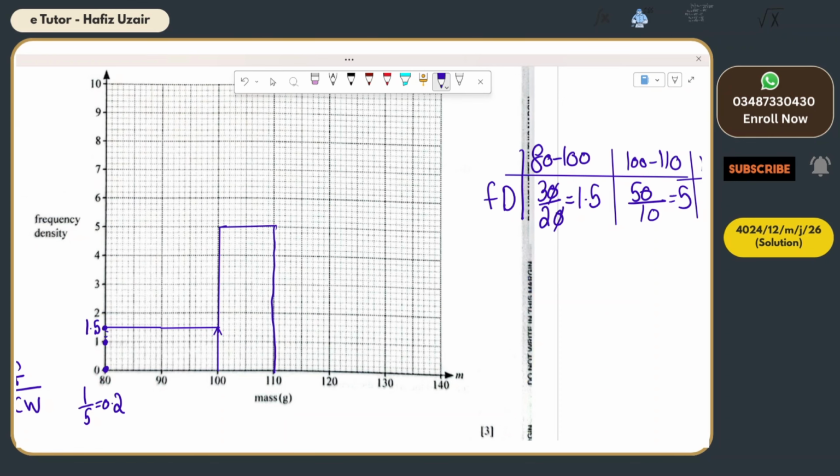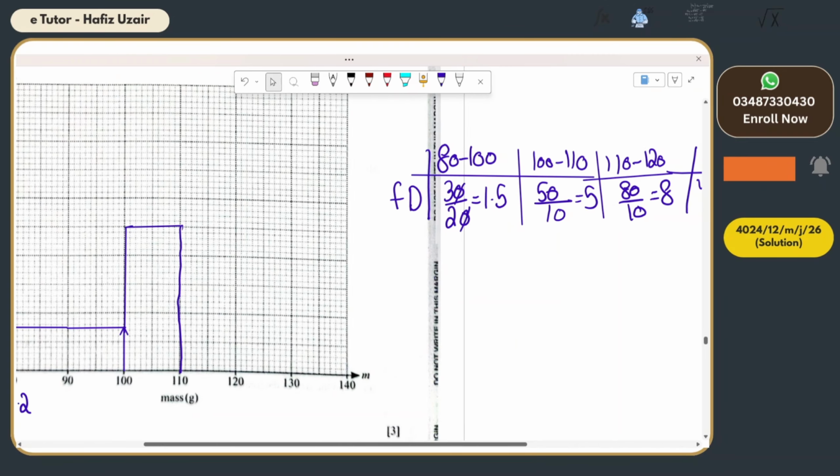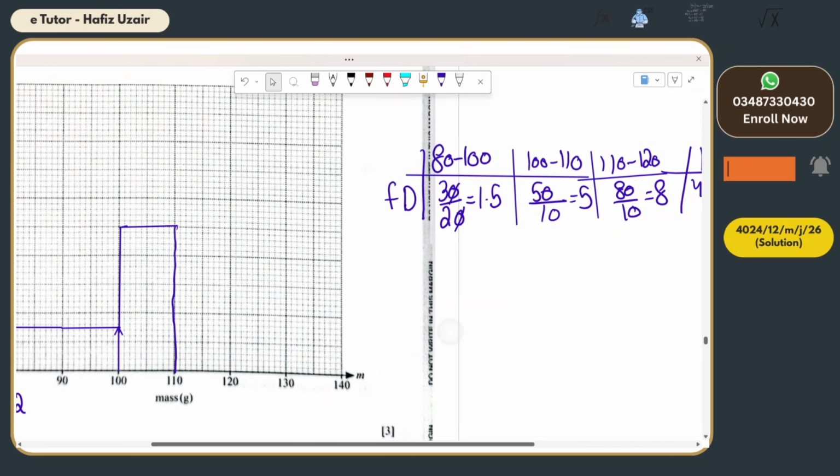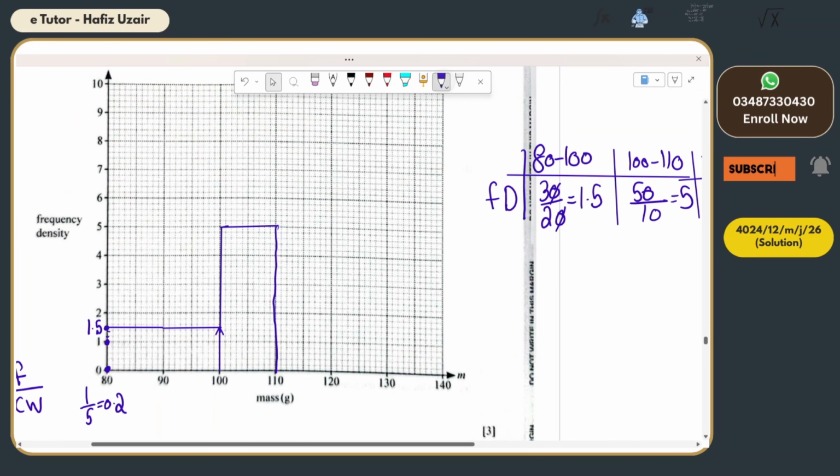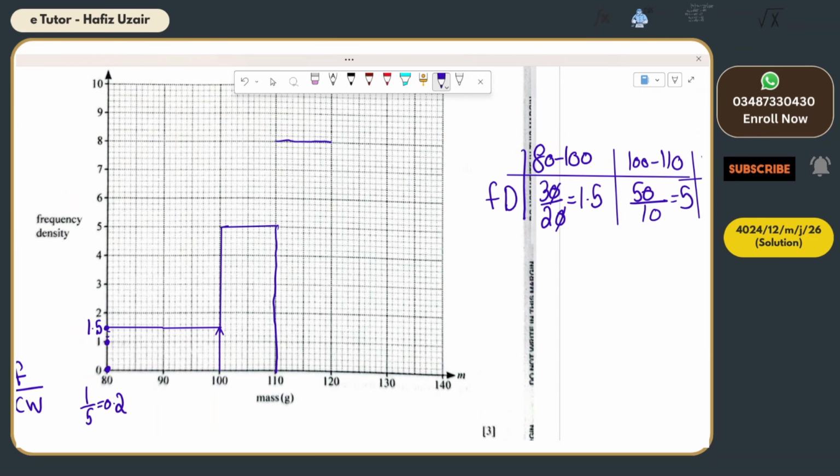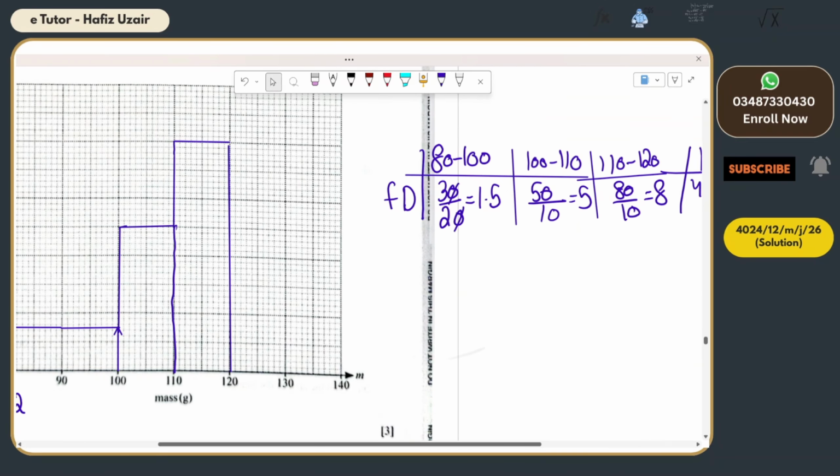Now from 110 till 120 you have 8. And now from 120 till 140 you have 2.